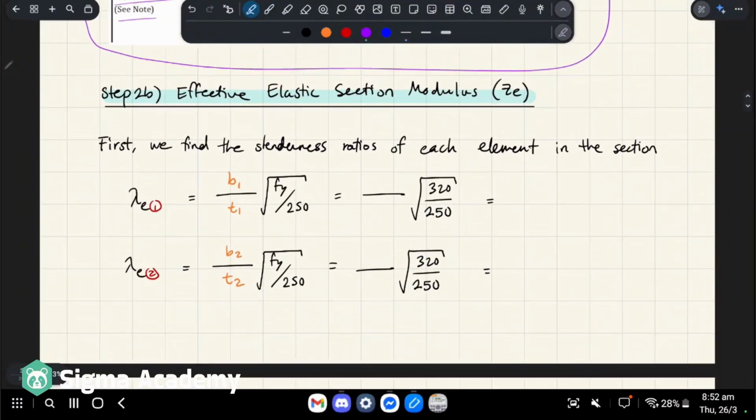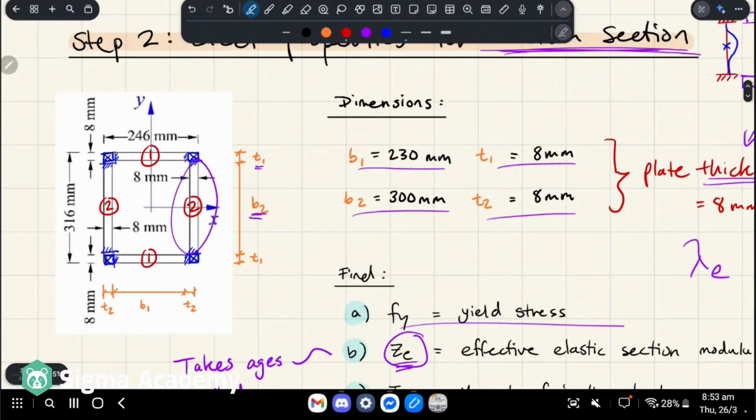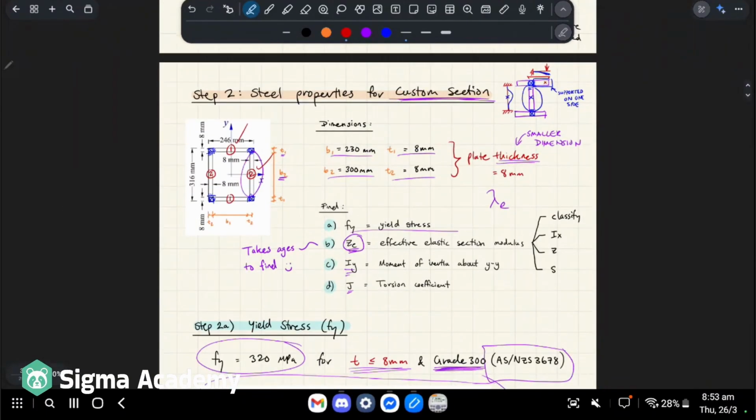Next is the Z, like we're trying to find ZE now, okay? And this requires a few steps. The first one is finding what's the governing element. You know how we have two different unique elements, 1 and 2. Which one's going to govern in terms of our overall section before it starts to locally buckle?